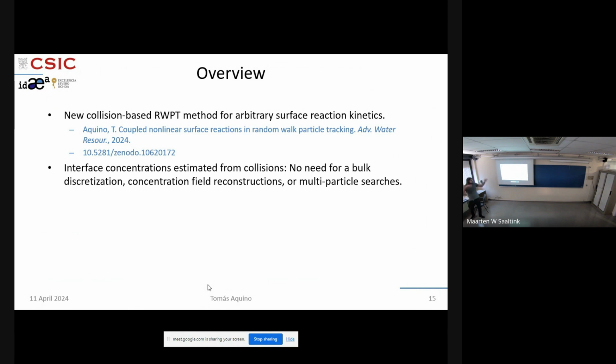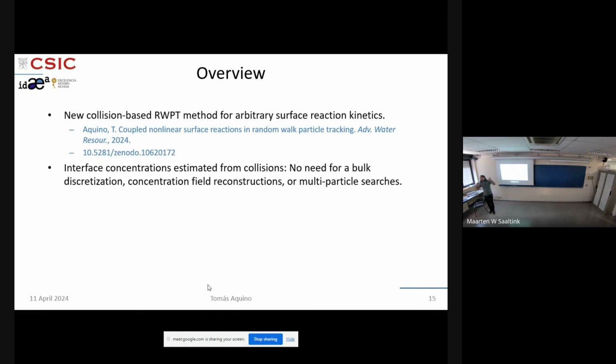So again, this method allows you to estimate these concentrations and reaction rates just from summing over single particle collisions. So you don't need to discretize the bulk as usual for random walk particle tracking methods. You do need to discretize the surface though. You don't need to reconstruct the concentration fields at every step. You can do it if you want to look at it, but it's not part of the inside of the algorithm.